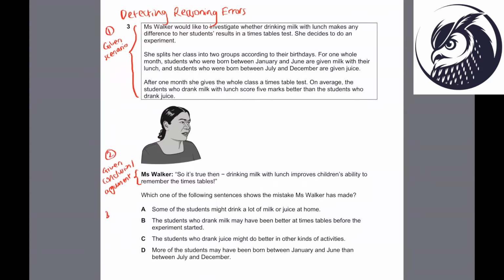The last step is we have to figure out where Ms. Walker has made some sort of assumption or reasoning error in her actual conclusion, okay? So we have to identify the reasoning error in the provided conclusion.